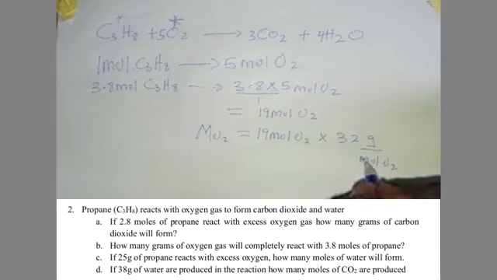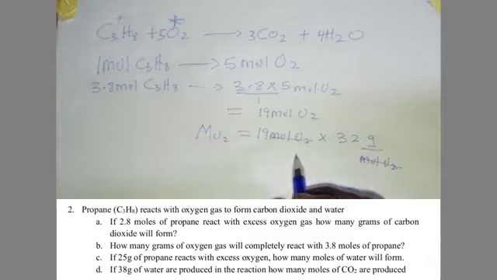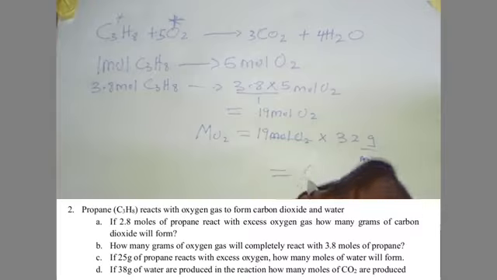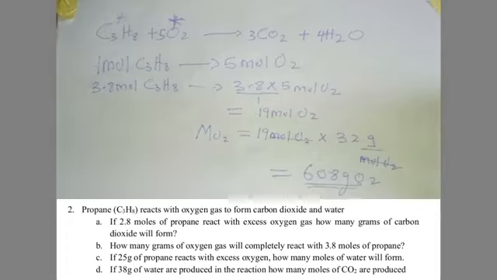So moles of oxygen gas cancels moles of oxygen gas. Our final answer is going to be 19 multiplied by 32, and that will give us 608 grams of oxygen. Let's go to the C part of the question now.